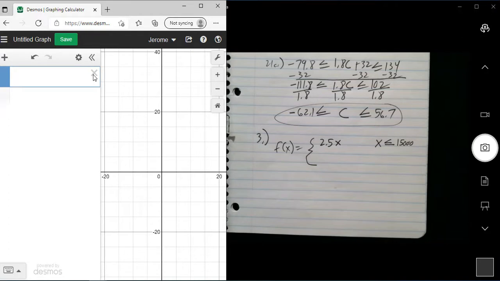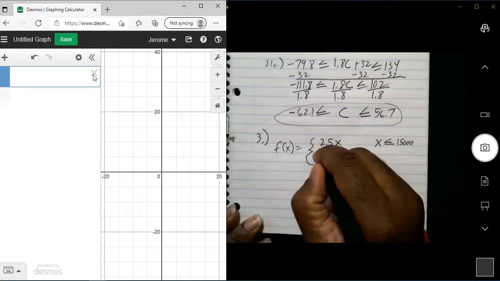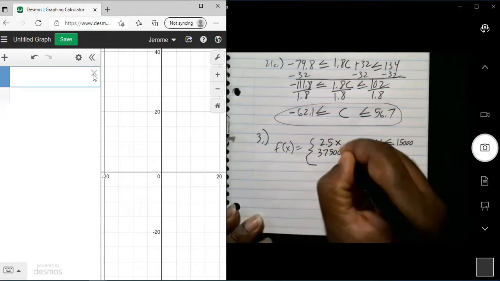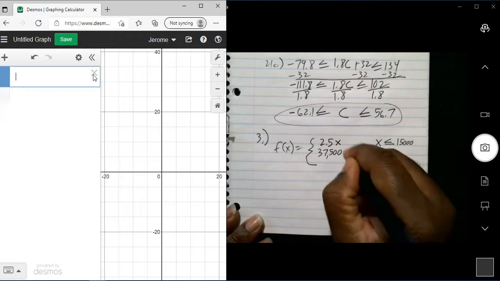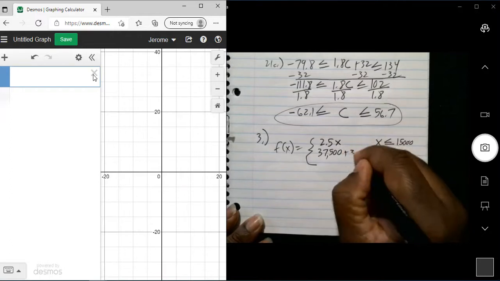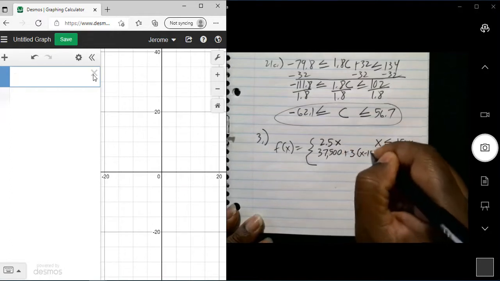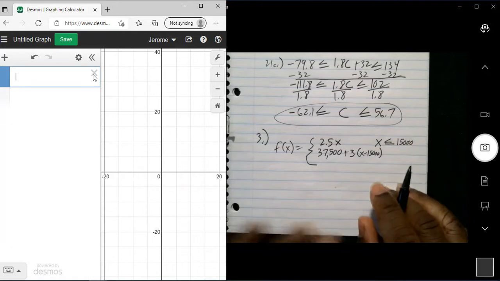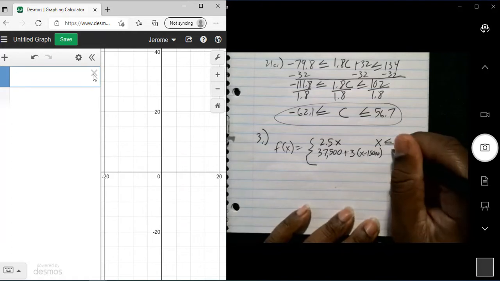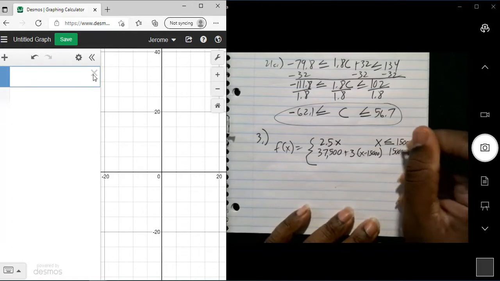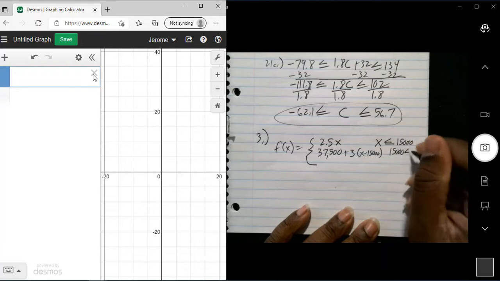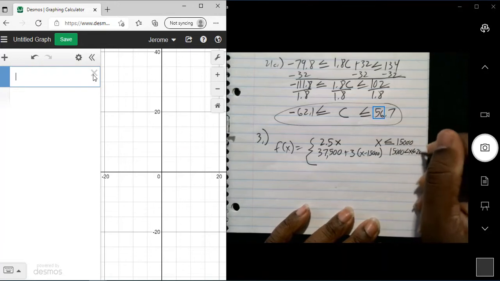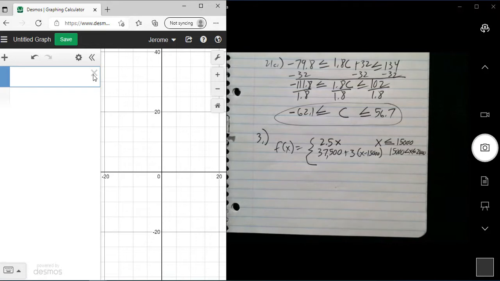All right, so we would have 37,500 plus 3 times x minus 15,000, and that would be for where x is greater than 15,000 but less than or equal to 21,000. Now let me explain the equation and then also the rule.